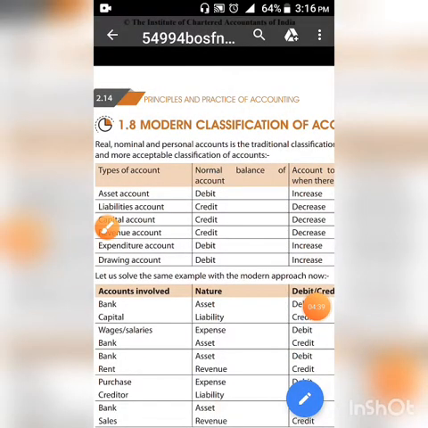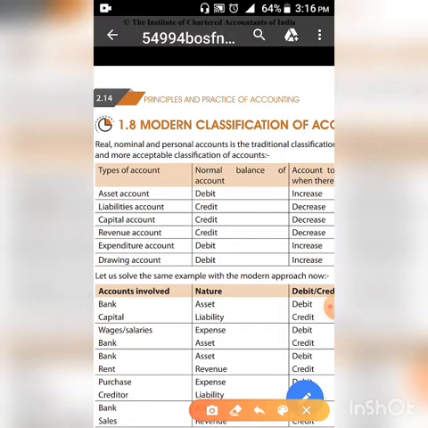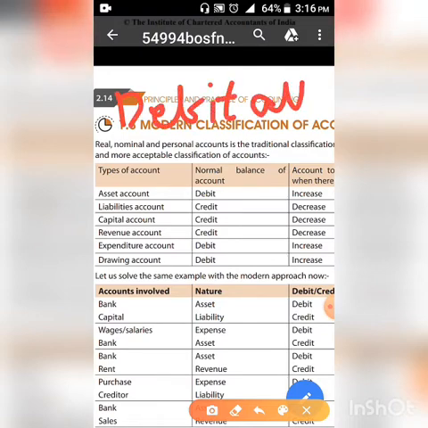Well, the second rule is for nominal accounts, where the golden rule is debit all expenses and credit all gains.